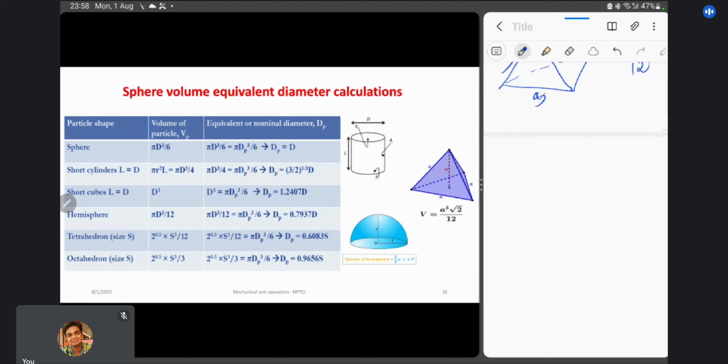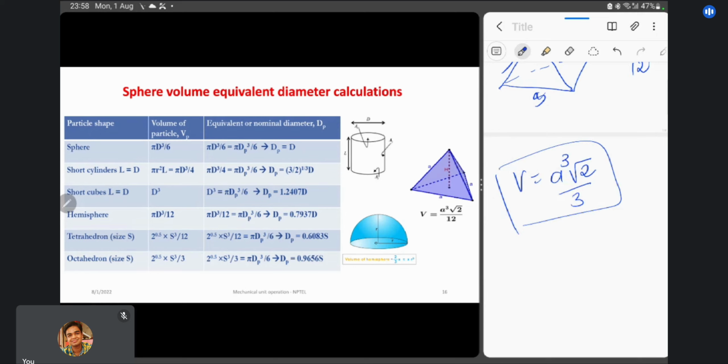As you can understand, the octahedron has 8 sides, whereas the tetrahedron has 4 sides. For the octahedron, the volume is root 2 divided by 3, with S cube, since those 4 more sides are included. So these are the two volume expressions for the octahedron and tetrahedron particles.